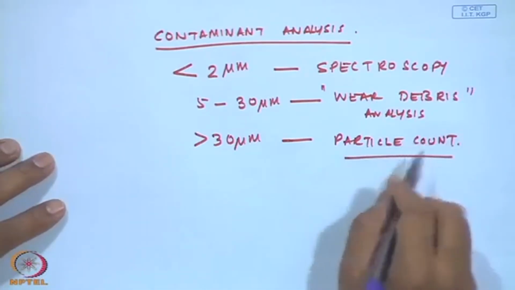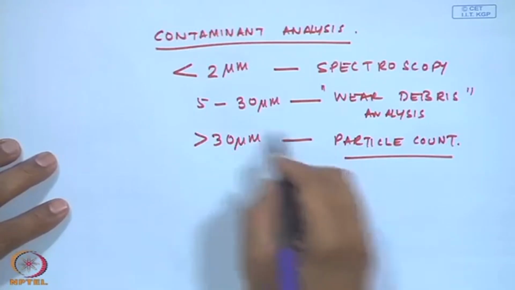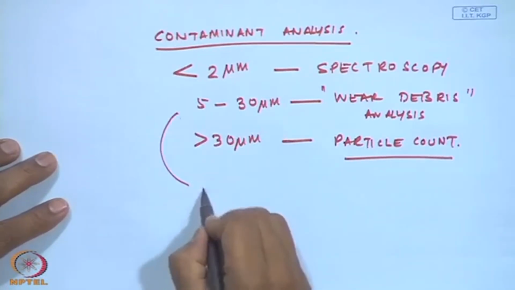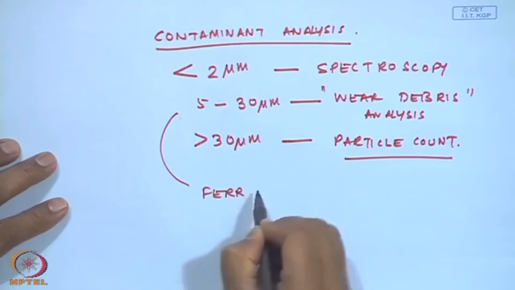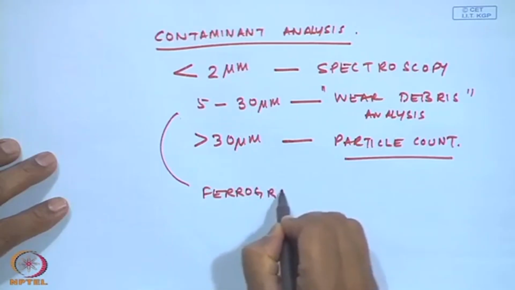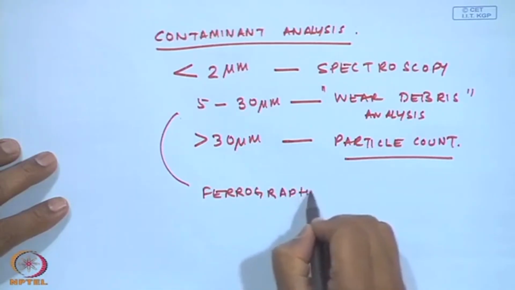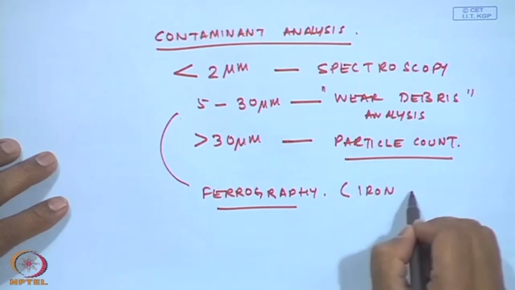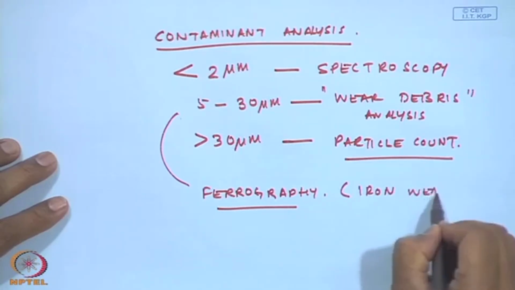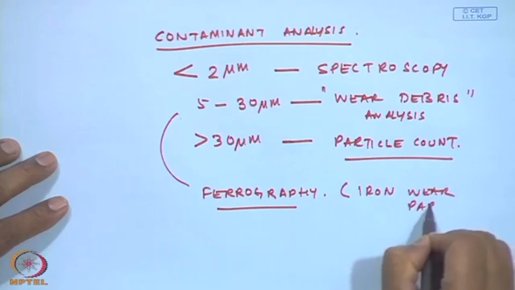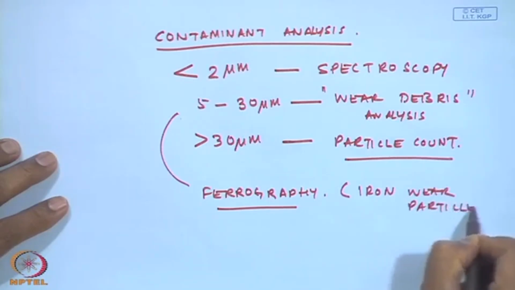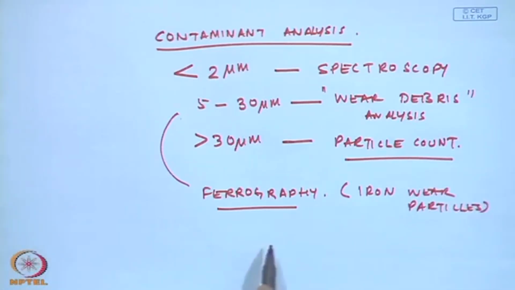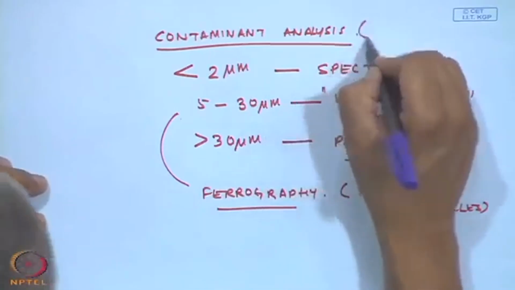And usually there is a method known as ferrogram or ferrography, wherein we have iron wear particles. So, actually all these contaminants are deposited in oil.